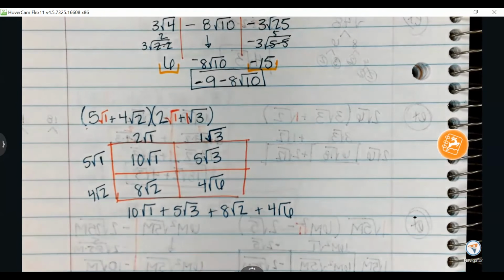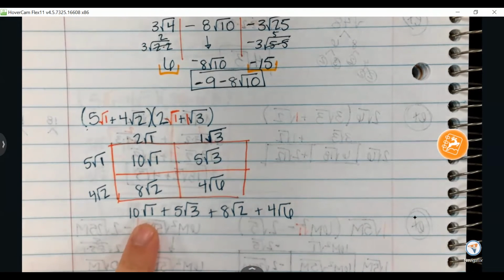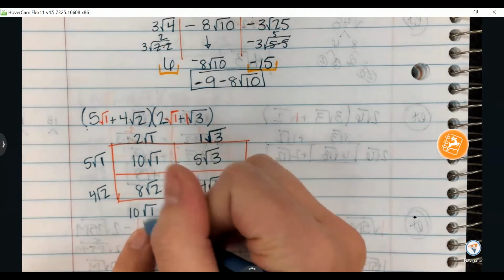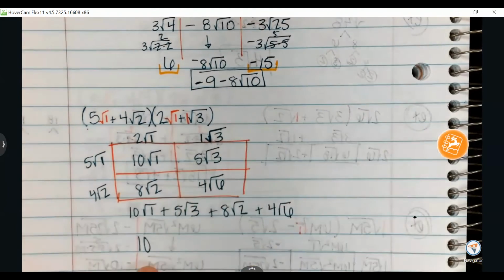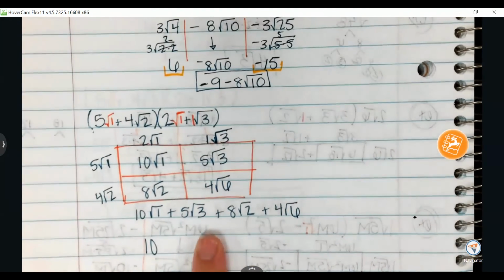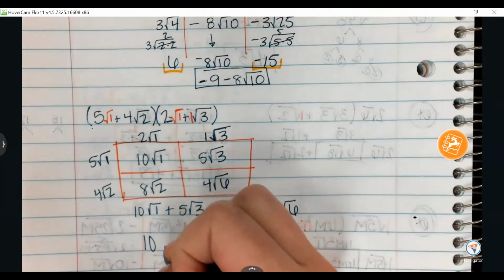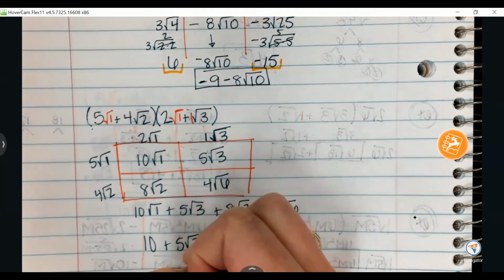Can any of those actually add together? Why not? None of them are exactly the same, but I can check. Can I break them down? Can I break down square root of 1? But what is the square root of 1? So should this even be here in my answer? No, so that's just going to stay a 10. Can 3 break down? Nope, so that one's going to stay plus 5 square roots of 3.